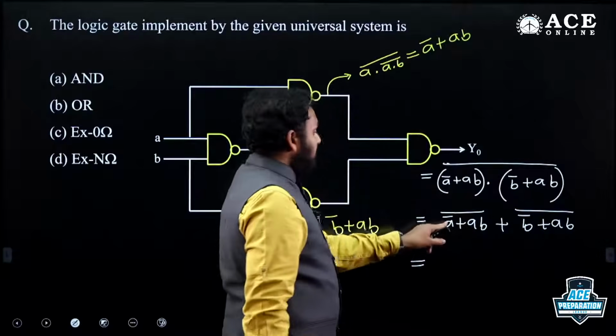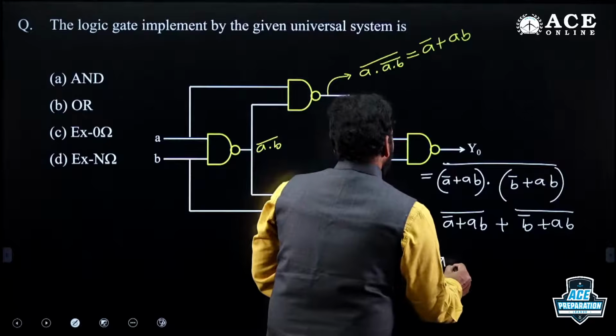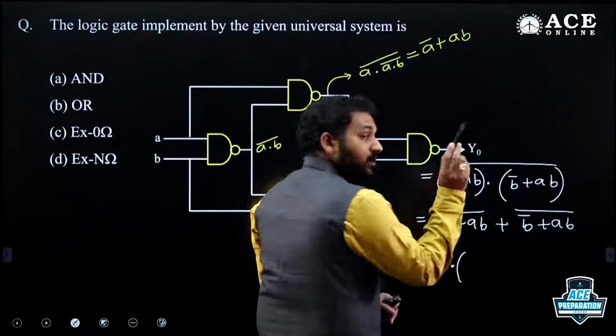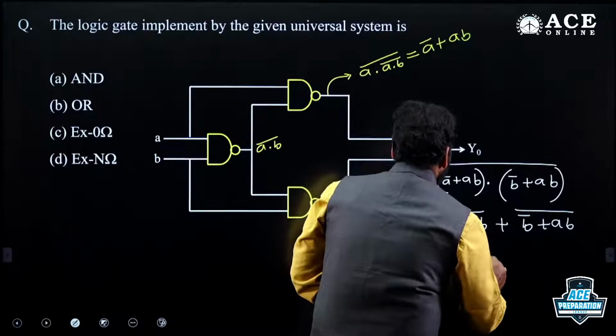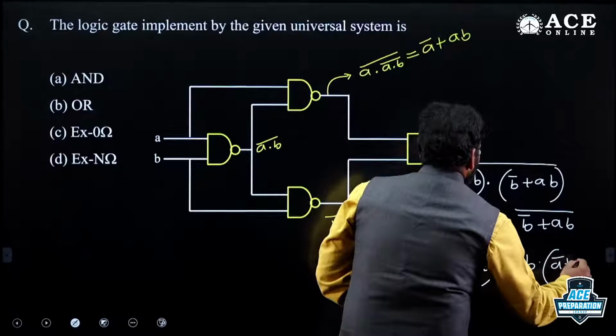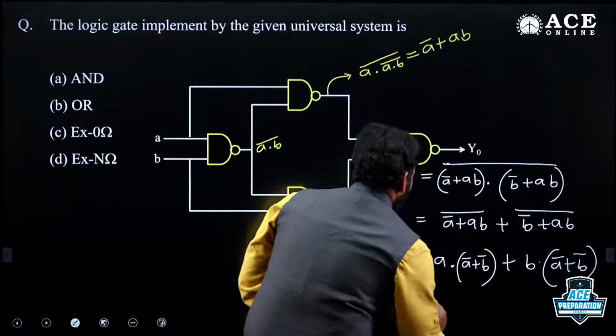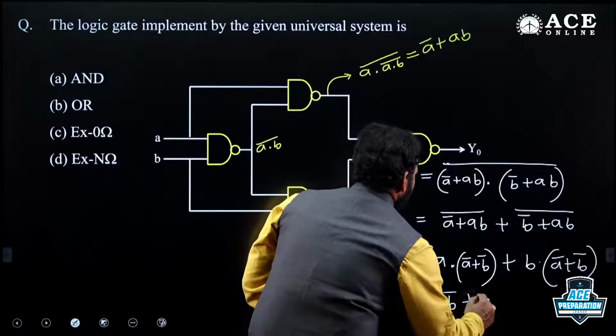Again De Morgan's: A double bar dot, that means A dot AB bar, AB bar, De Morgan's A bar plus B bar, plus B dot A bar plus B bar. A into A bar 0, AB bar plus B into B bar 0, A bar B.